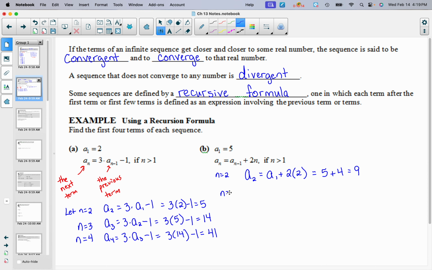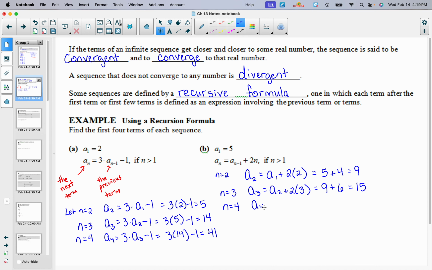Now I let n equal 3. To find a sub 3, which is the third term, I take the previous term, which was a sub 2, because they tell me n minus 1, and n is 3, plus 2 times n. Remember now n is 3. So the second term was 9, plus 2 times 3 is 6, so my third term is 15. To find my fourth term, I let n equal 4.